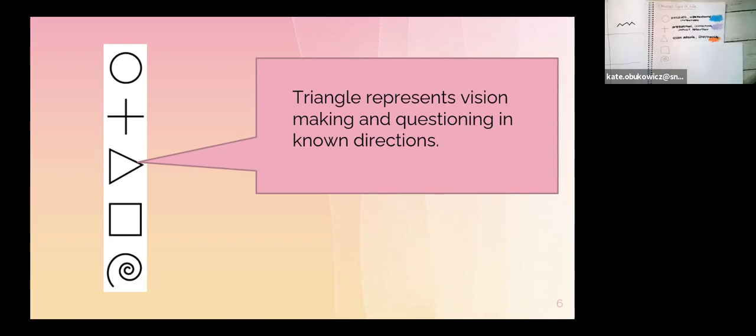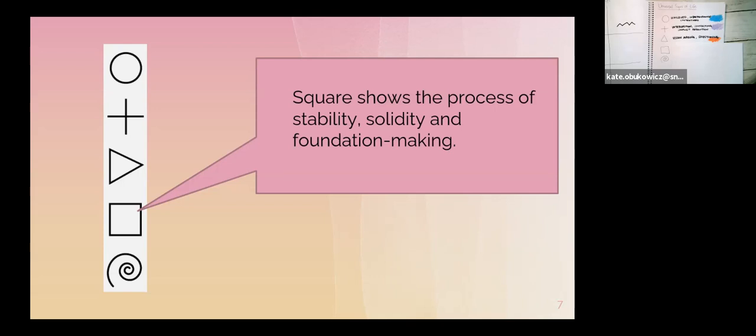Now we're going to move on to the square. The square shows the process of stability, solidity, and foundation making. And I think of literally a foundation of a building or building blocks, something maybe rigid. So after you write this down, what color did you associate with those ideas?